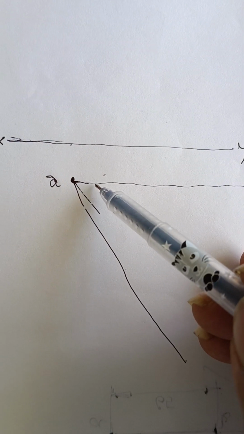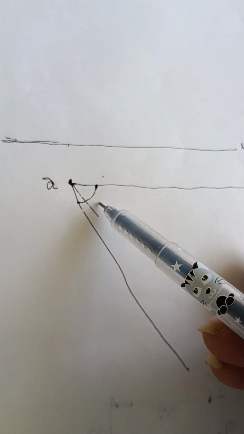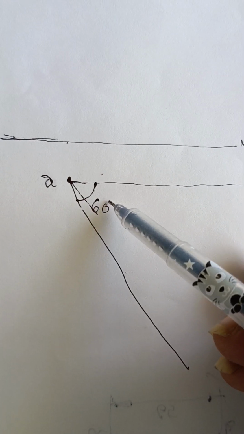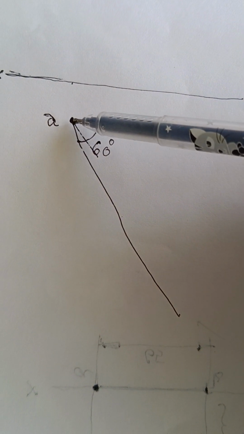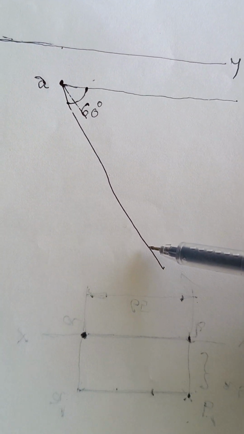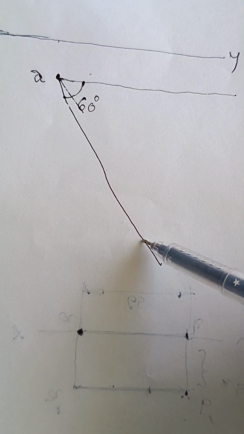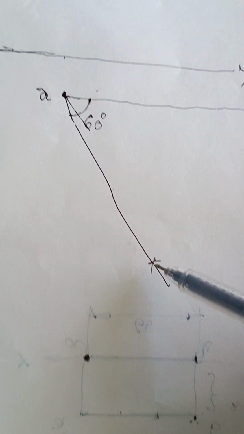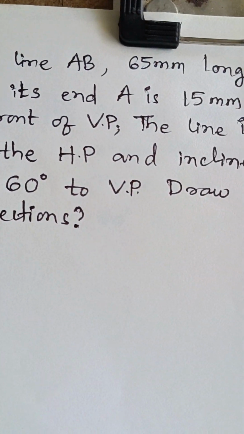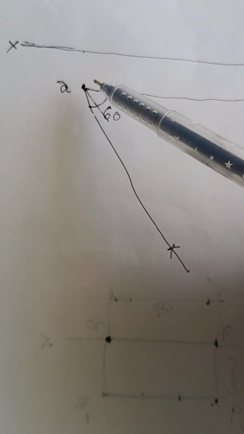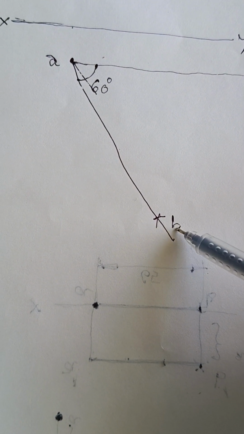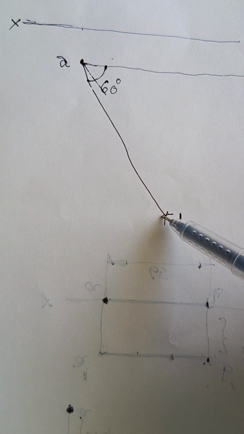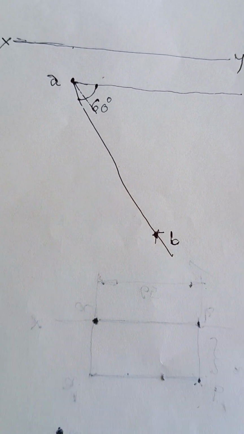You need to consider here a 60 degrees angle by following a protractor. You need to draw this inclined line up to the given length in the problem. The AB line length is given as 65 mm. From A to the other end of the line you need to consider 65 mm and locate this point as B.